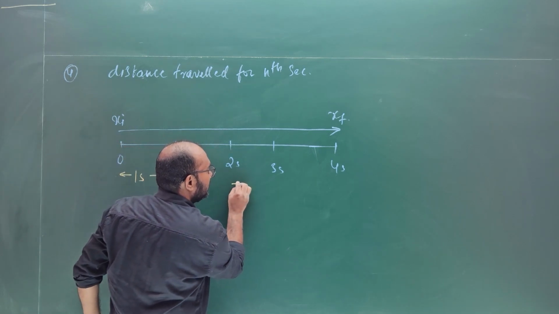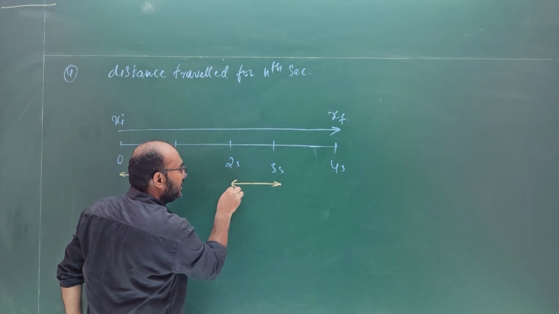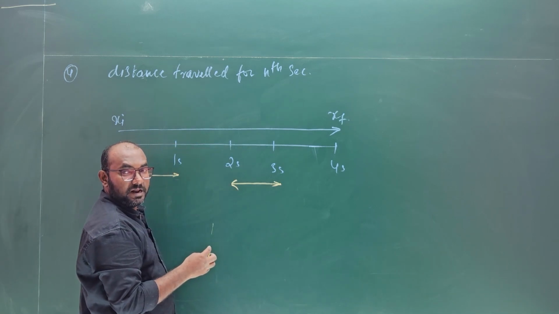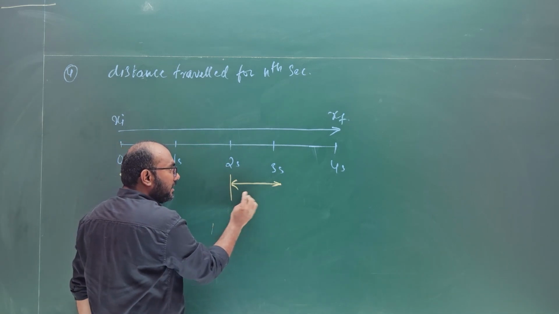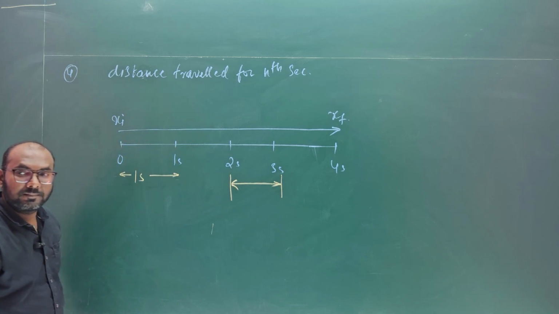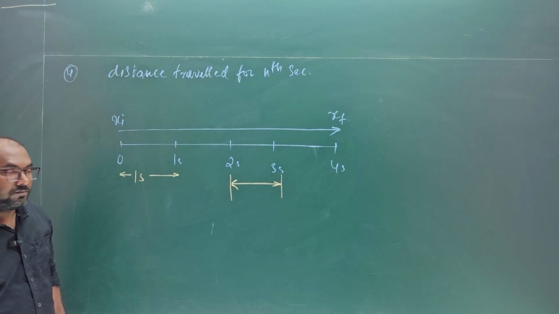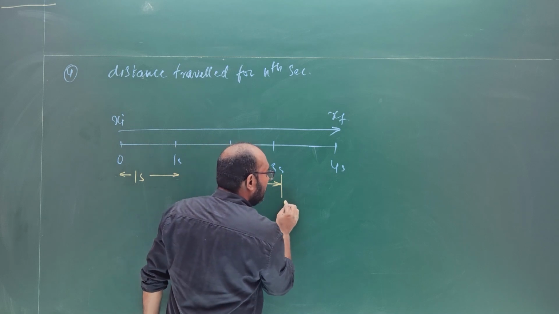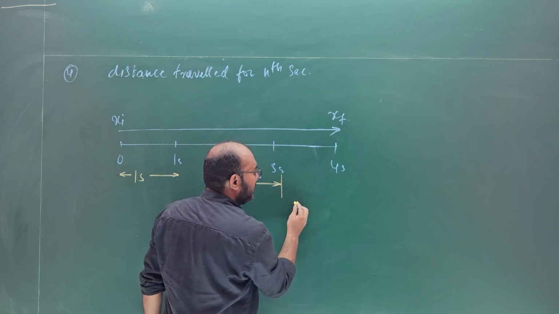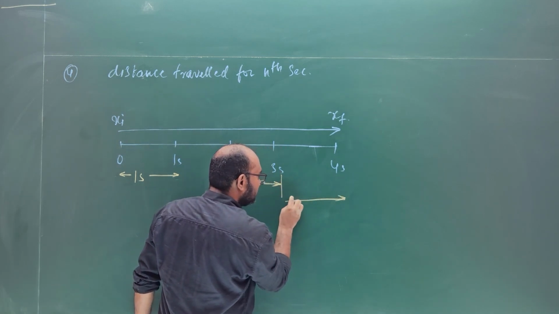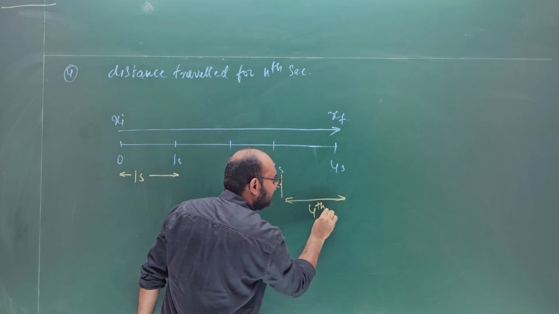So can I say that the body just traveled between 2 seconds and 3 seconds only? Yes or no? Or can I say the body traveled in the 4th second? This is the distance traveled in the 4th second.